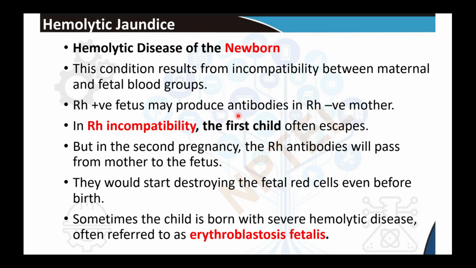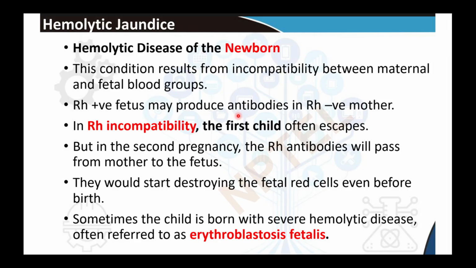For the mother's body, those antigens are foreign particles against which antibodies have been raised, so it's a defense mechanism, right? Antibody production in our body is a defense mechanism. So the mother's antibodies are going to fight the fetus's red cells.